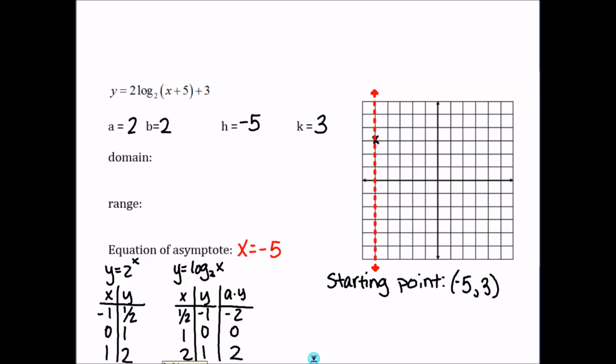And then remember, we need to use the x column and the a times y column to plot our points, always starting at the starting point. So if we go over 1/2, down 2, over 1, up 0, and over 2, up 2.